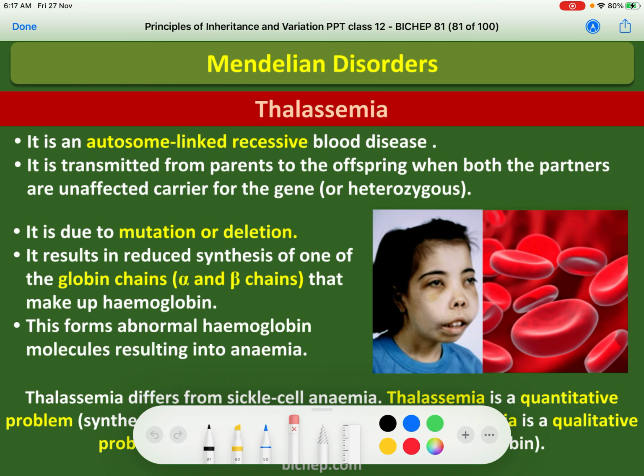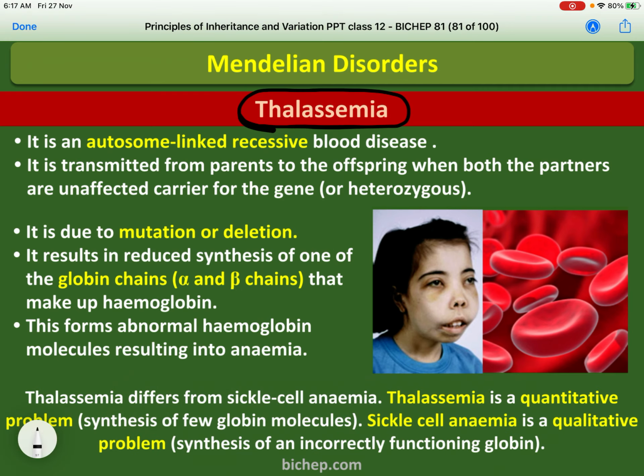Now, the disease named thalassemia. Thalassemia is again a disease related to the blood, so it is a blood disease. It is an autosomal recessive disease, transmitted from the parent to the offspring when both parents are unaffected carriers.